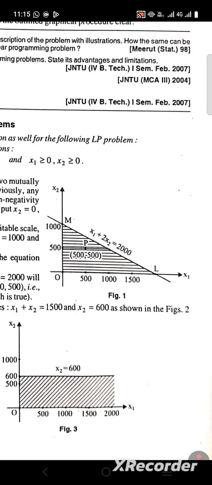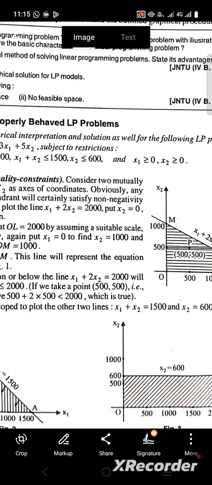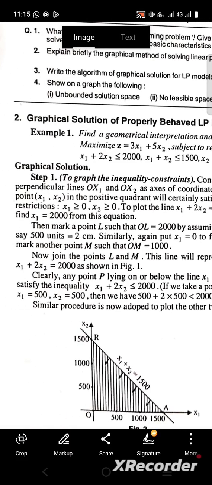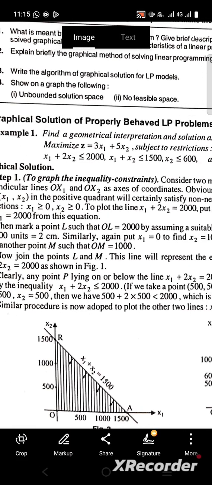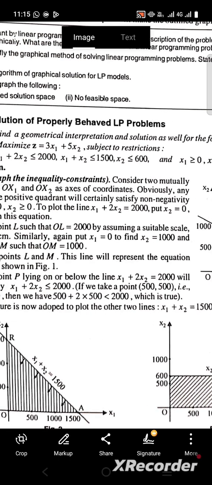Then mark a point L such that OL equals 2000, by assuming a suitable scale.